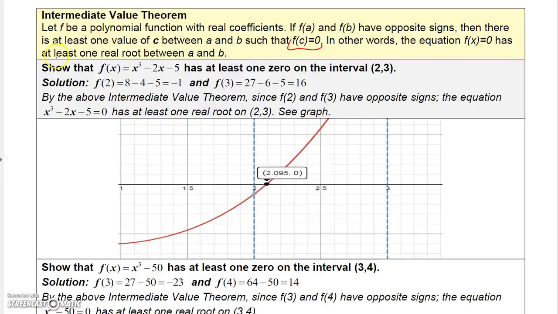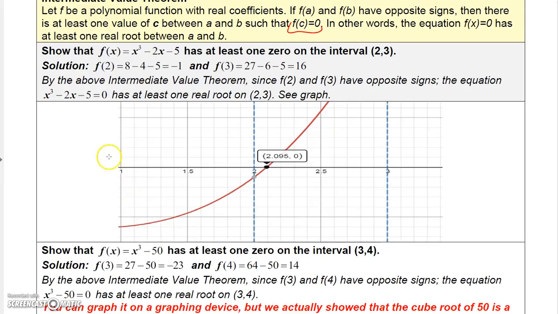Well, let's take a look at what we're talking about here. So let's say that you knew that at 2 the graph was negative, and you knew that at 3 the graph was positive, so it'd be way up here somewhere.